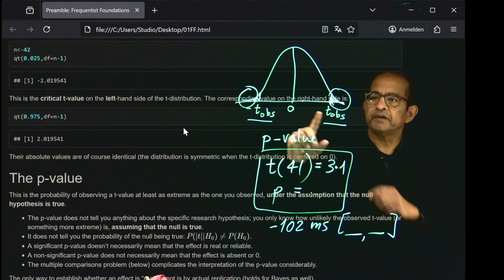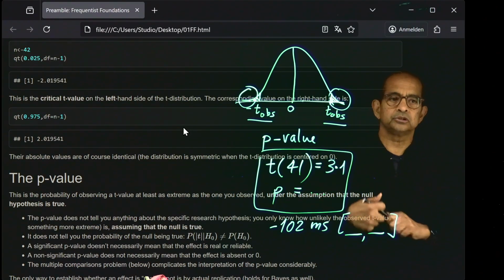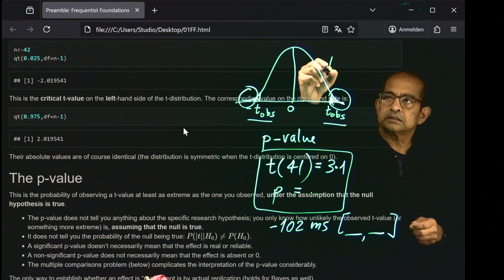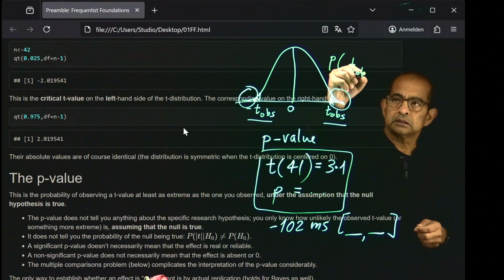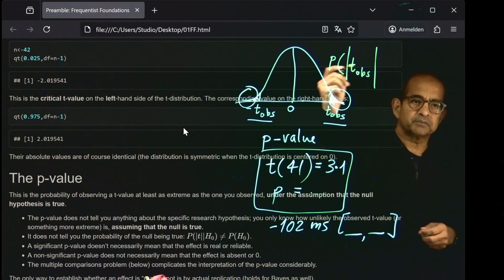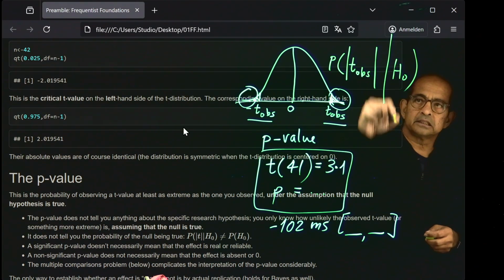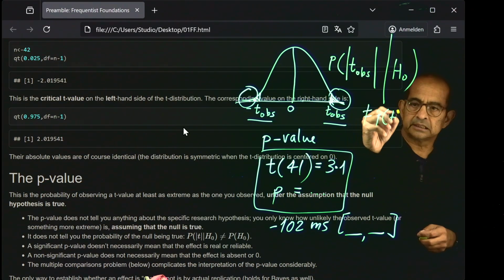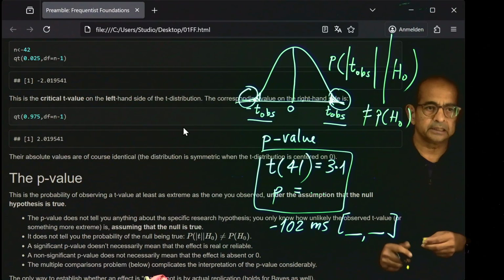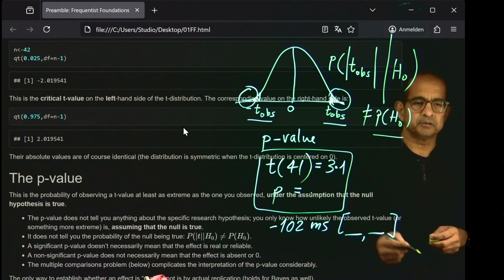So the p-value is not telling you the probability of the null hypothesis being true. So you can think of the p-value as roughly representing the probability of observing the absolute value of the t-value or something more extreme under the assumption that the null is true, right? This is not equal to the probability that the null is true, obviously, right?